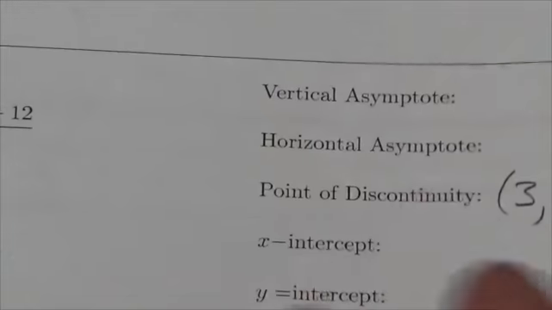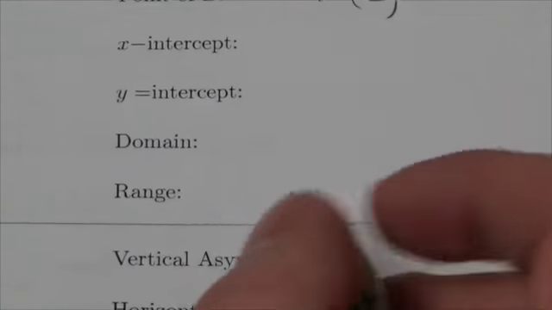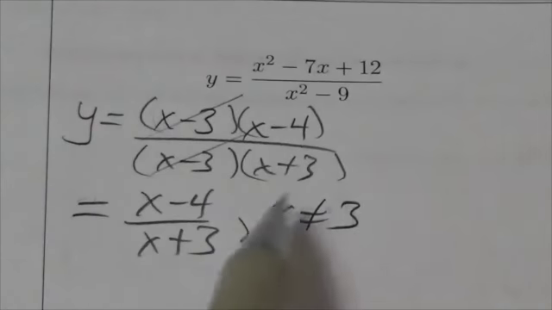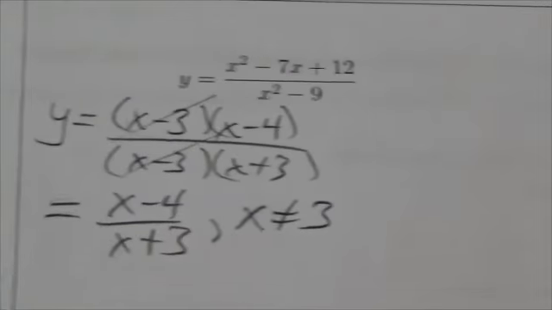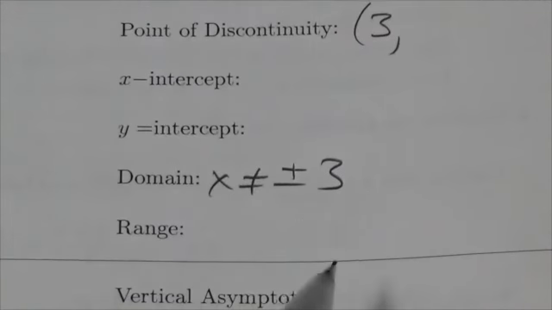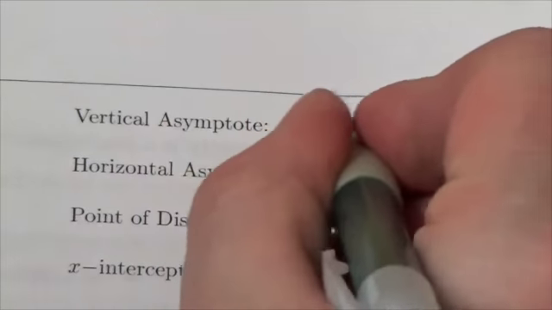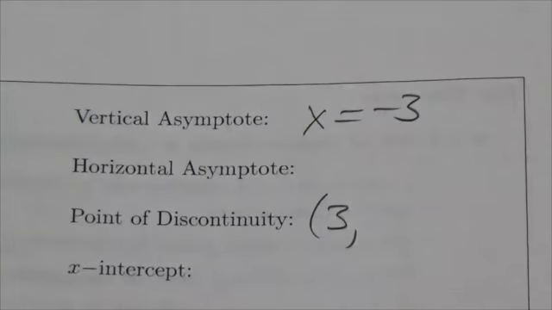So I can go to my domain and say that x cannot equal plus or minus 3. I'm getting that from these two parts here, this restriction and then this one right here. The minus 3, because it was coming from the denominator and I couldn't get rid of it, becomes my vertical asymptote: x equals negative 3.